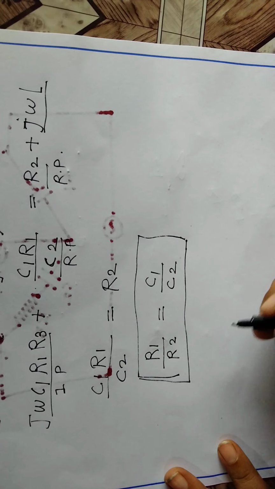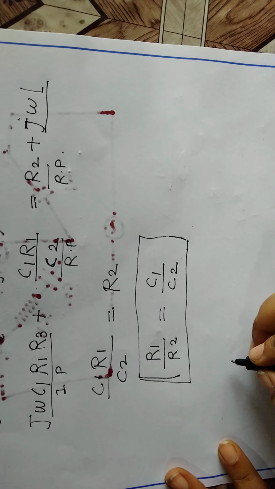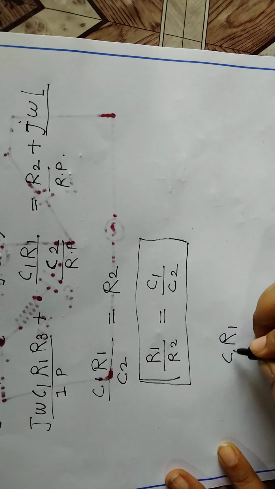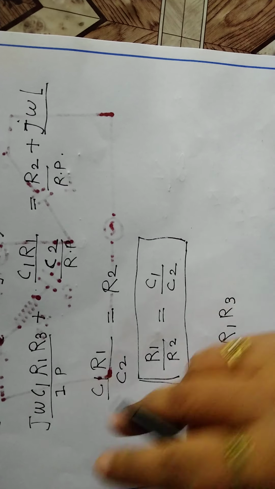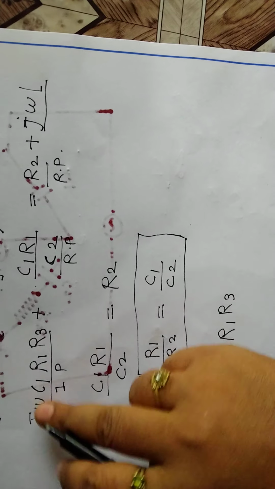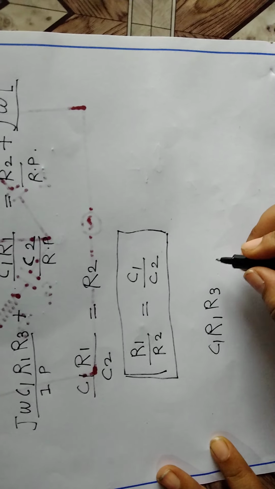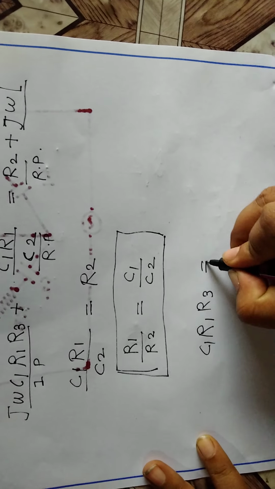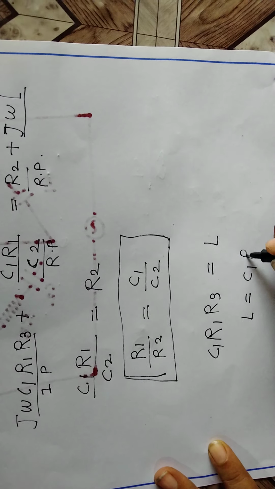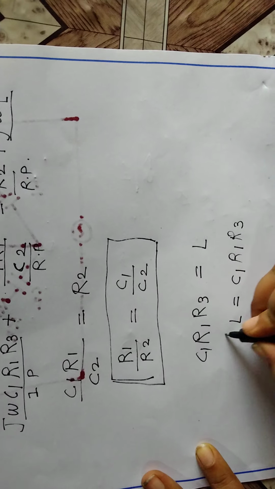Equating the imaginary part, we get j omega C1 R1 R3 equal to j omega L. J means imaginary number. The j omega cancels, so C1 R1 R3 is equal to L. So L is equal to C1 R1 R3.